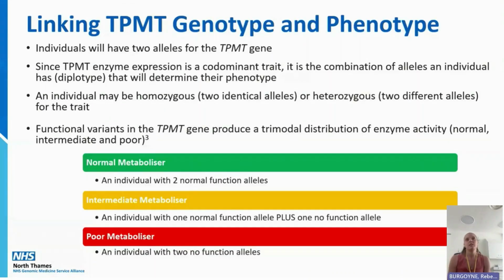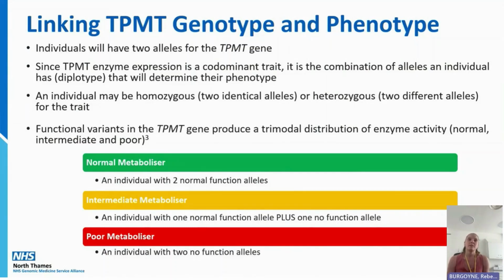So how do we link a genotype to a phenotype? So all individuals will have 2 alleles for the TPMT gene. And like I said, since it's a codominant trait, it is the combination of the alleles an individual has that will determine their phenotype. So an individual might be homozygous, so 2 identical alleles, or heterozygous, where they have different alleles for this trait.